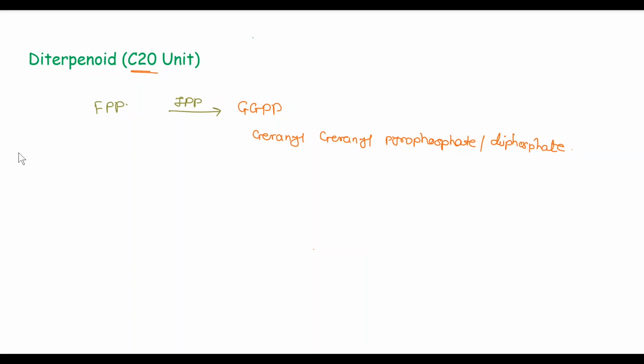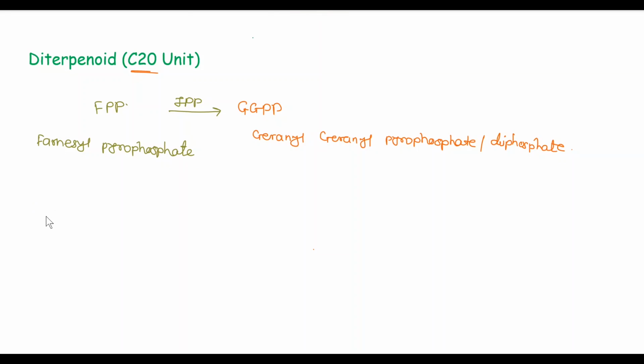The diterpenoids arise from GGPP, that is geranylgeranyl pyrophosphate or diphosphate, which is formed by the addition of an IPP molecule to FPP, where FPP is farnesyl pyrophosphate or diphosphate and IPP means isopentenyl pyrophosphate.